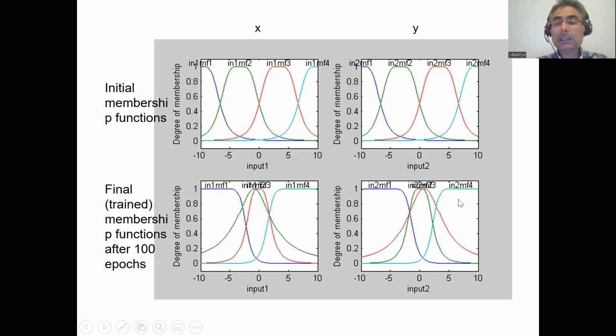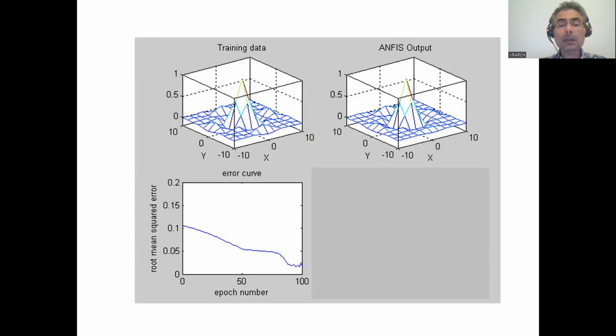In fact, if you look at this one, you only need 3 membership functions, and you may not need the 4th membership function here, for example. So you can see how it adjusts to the error and makes a perfect system. Again, the error is getting down as you progress, as you train more.